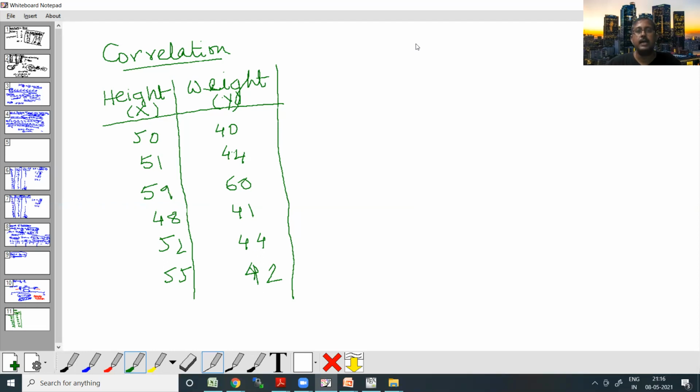For that, there is another very important statistical measure known as the correlation. The name itself implies co means mutual and relation means relation. So how are these two variables or any two attributes of a data set mutually associated?